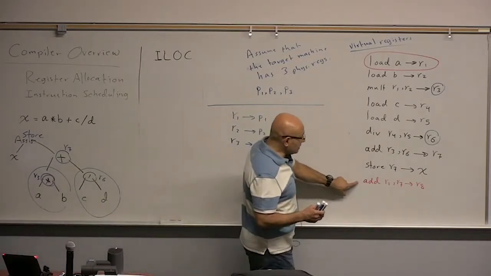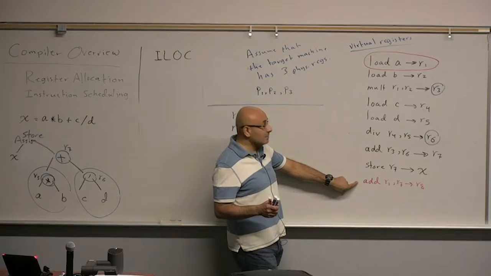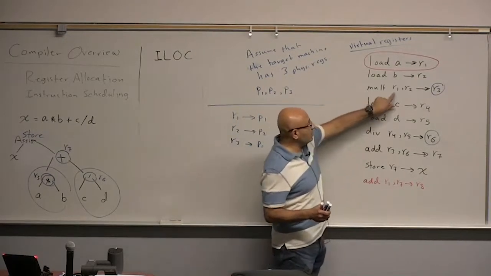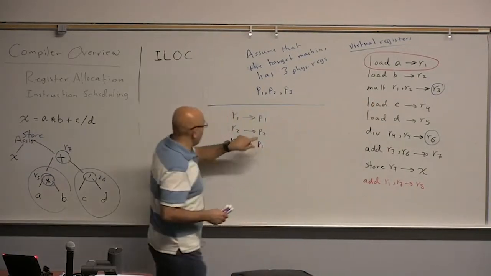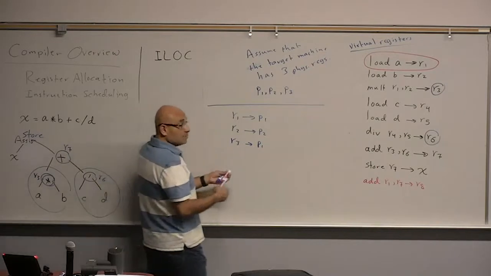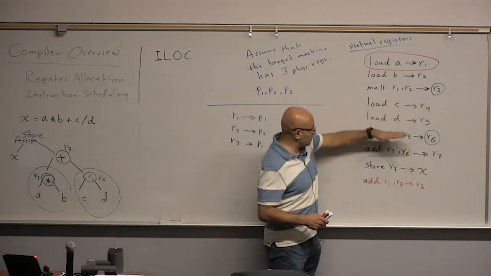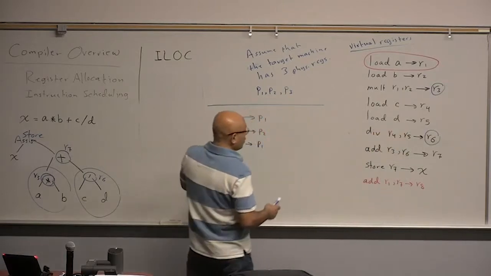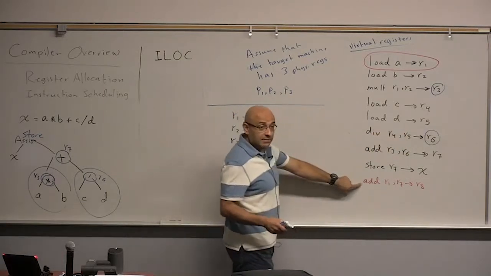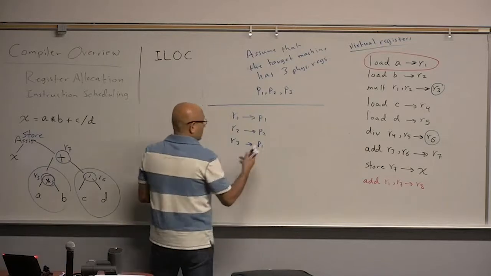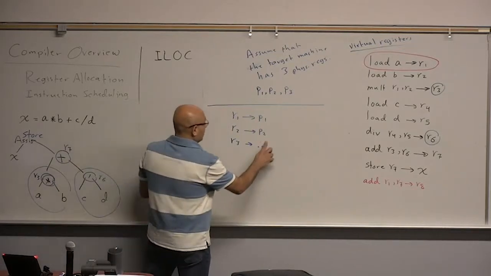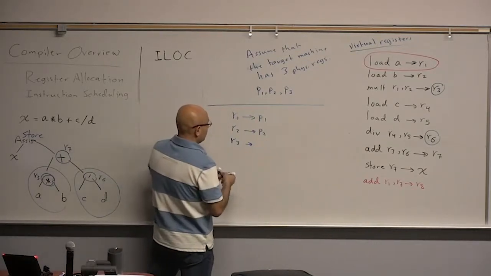So with this instruction in red added, I won't be able to reuse P1, but I can still reuse P2, right? R2 is not used.